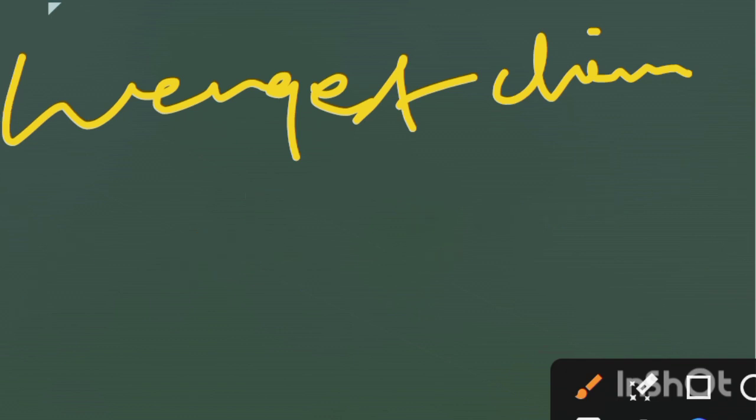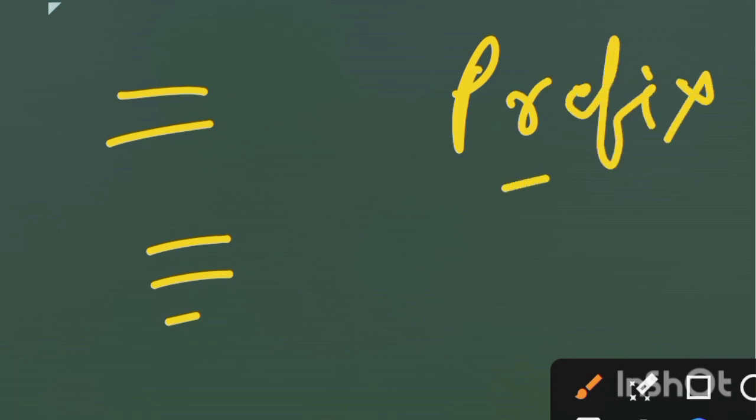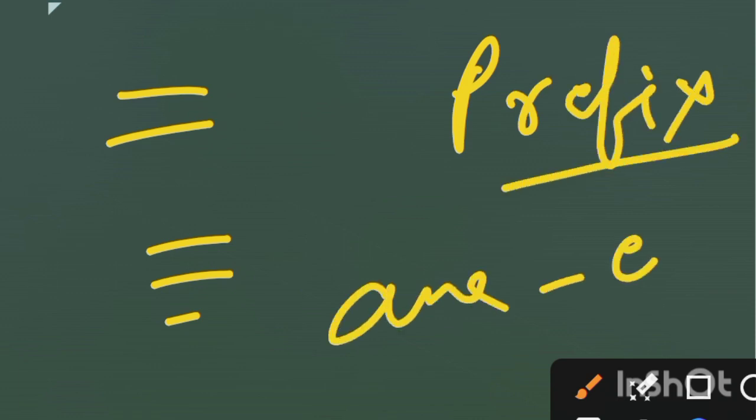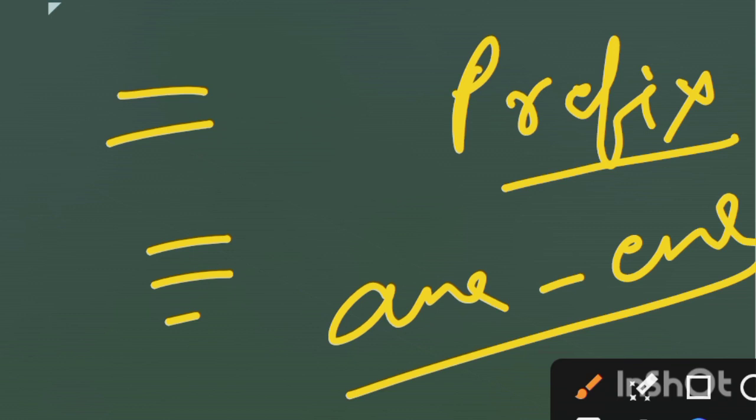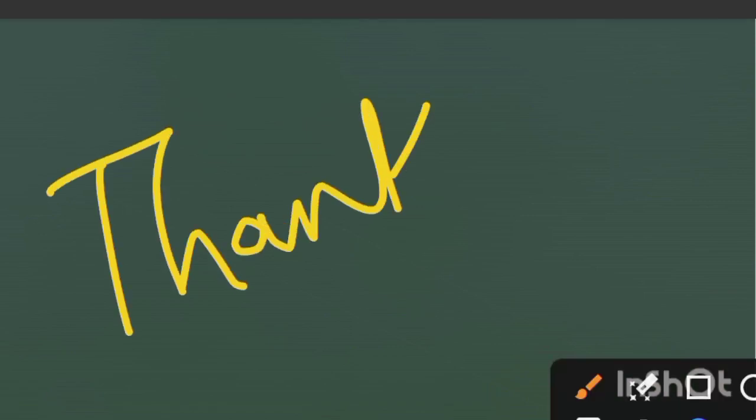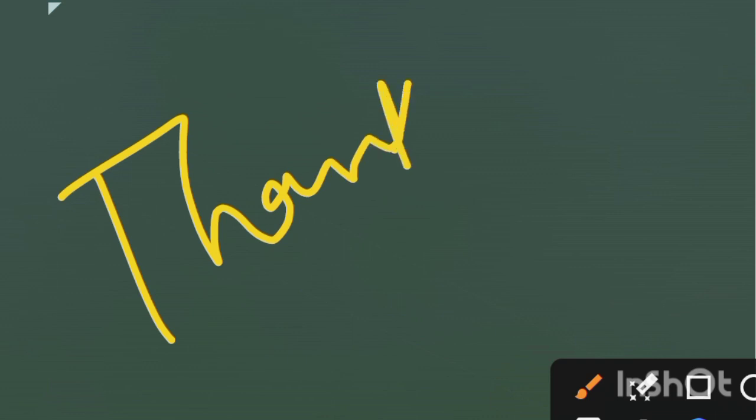Now third, if there is a presence of double bond or triple bond, it will be added in the suffix. Ane is converted to ene and yne.